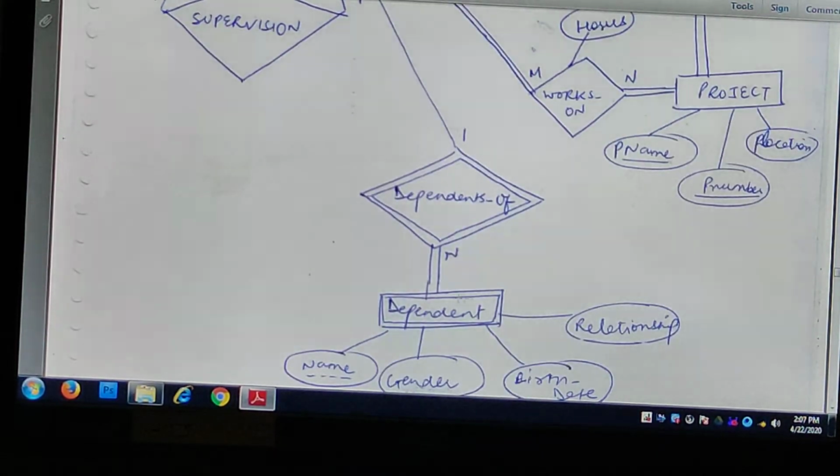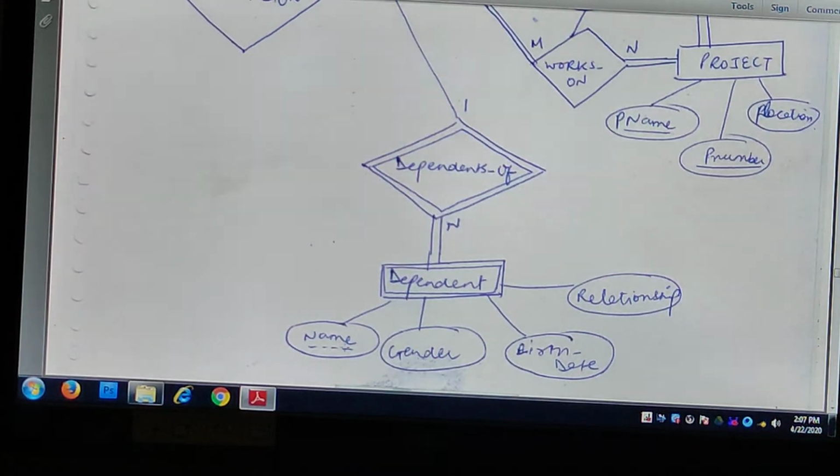Then we have this dependent, that is the weak entity type. Name, gender, birth date and relationship. Name is the discriminator. I have told you earlier in class as well that the relationship of a weak entity type with its parent entity type is always weak.